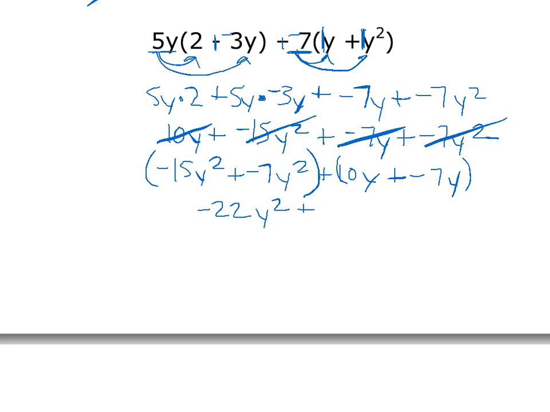Say that one more time. Right, perfect. Good clarification. 10y plus negative 7y. So 10 plus negative 7, that's opposite sign subtract. And we're going to take the sign of the larger number.